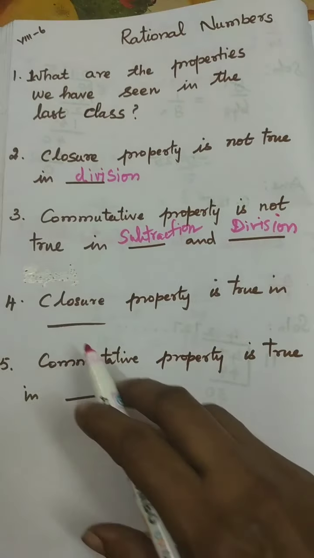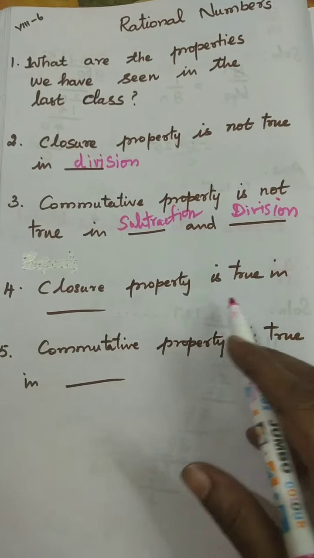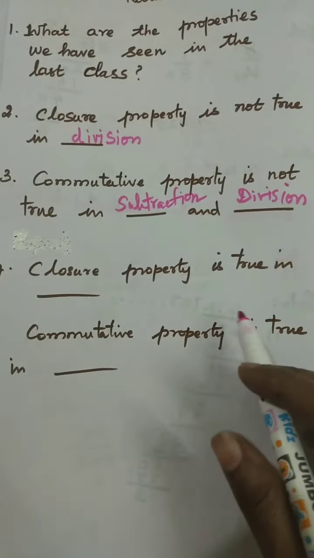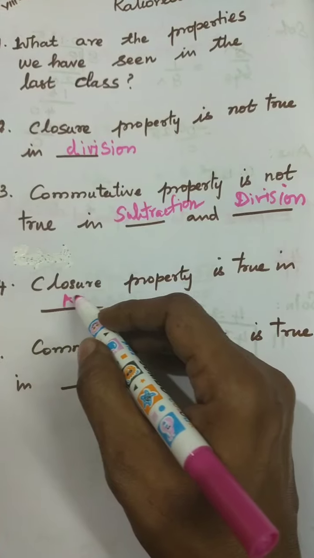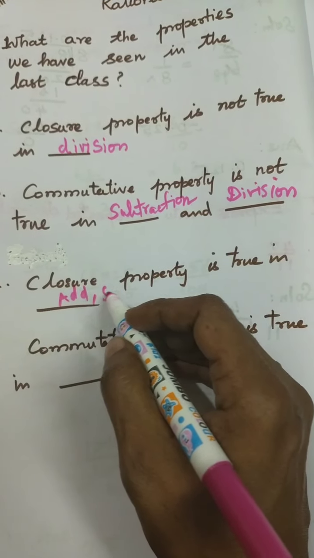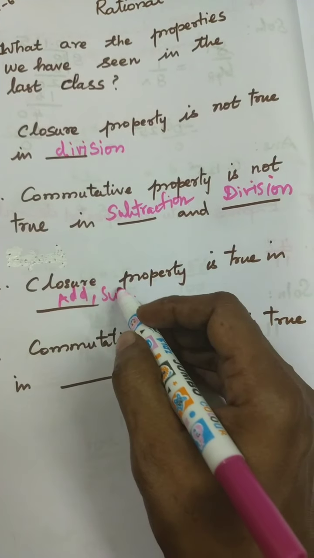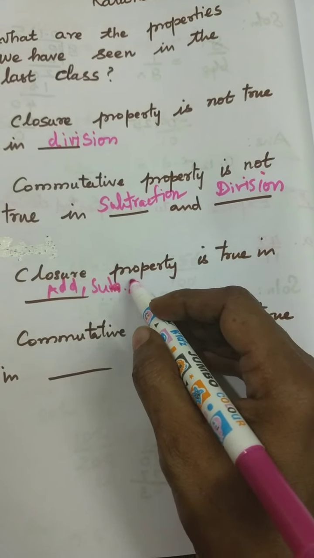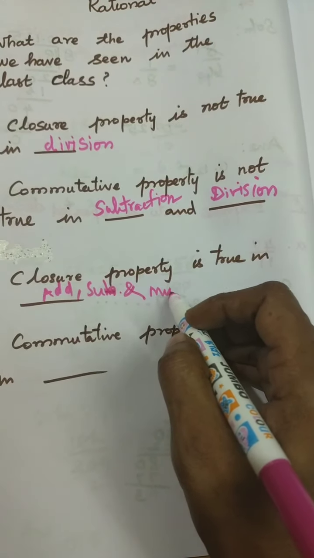Now, closure property is true in three operations. What are the operations? Addition, subtraction and multiplication.